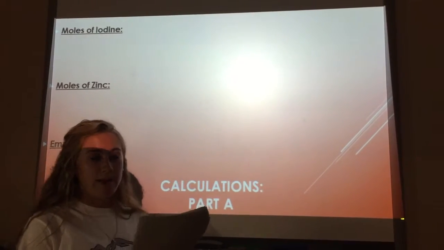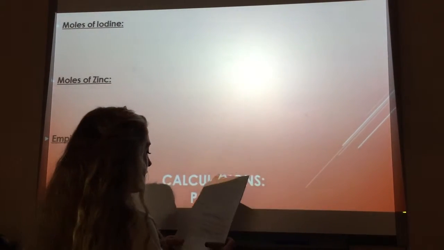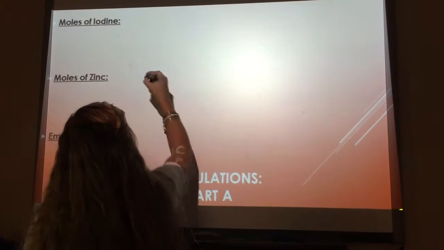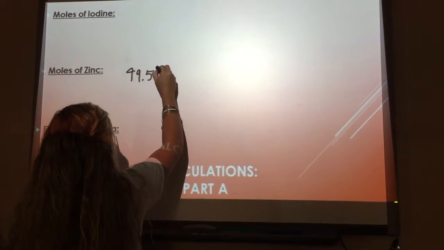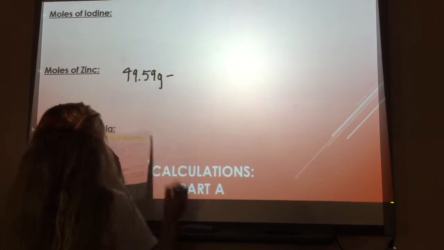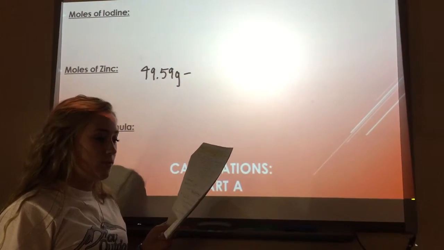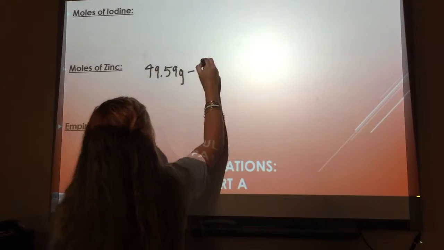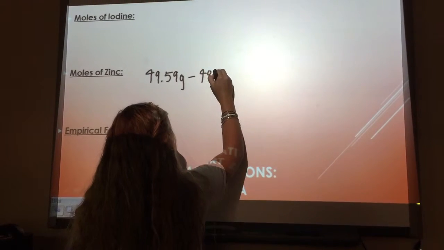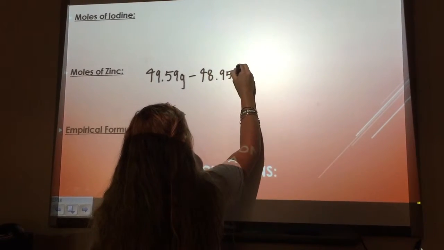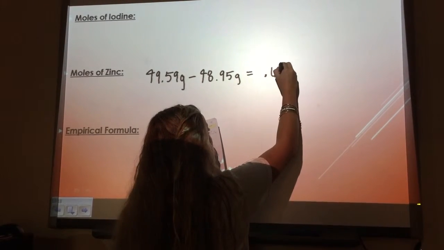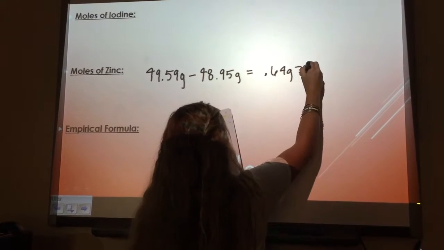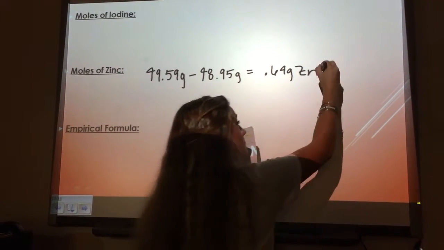Then we had to find the moles of zinc. So first we would take the mass of the beaker with dry zinc, which is 49.59 grams, and subtract that with the mass of the empty beaker, which is 48.95 grams. Which gives us 0.64 grams of zinc remaining.